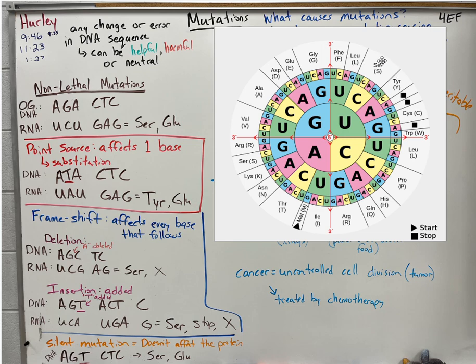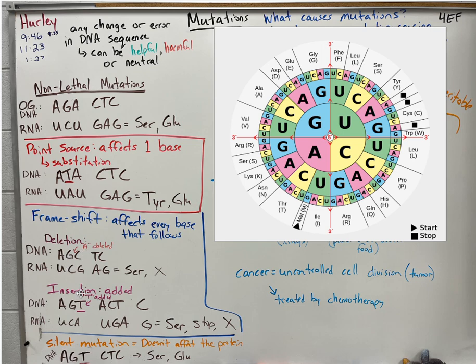So just because it's a different last letter or two does not mean that it's a completely different amino acid. It could be a different codon, but the same amino acid. You just have to tell. So there's SER over here, and here's also SER over here on this side. So you just have to see if it's going to make any substantial change in the amino acid.